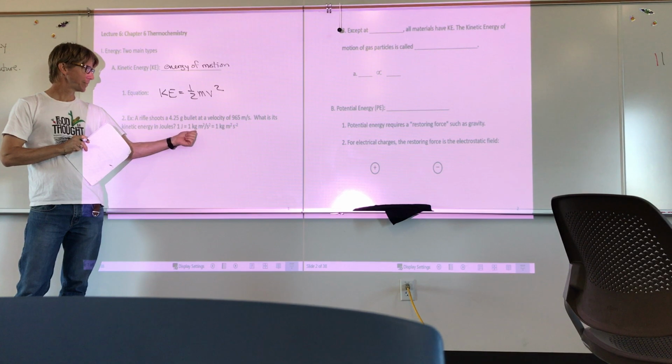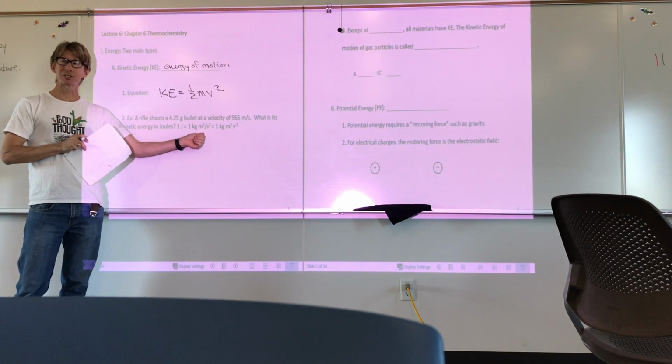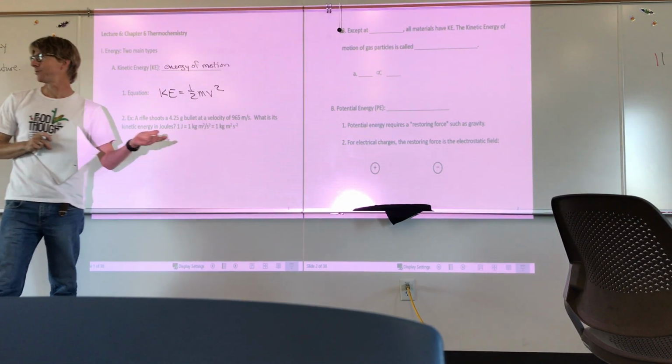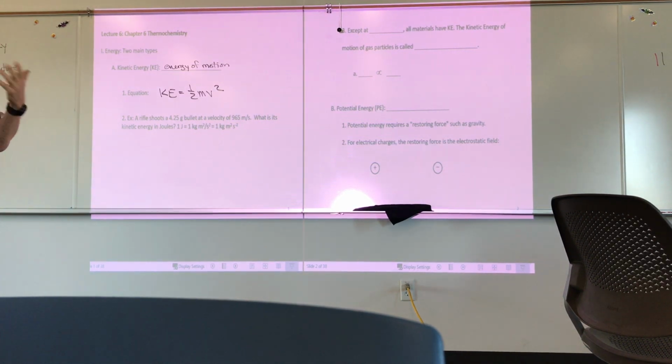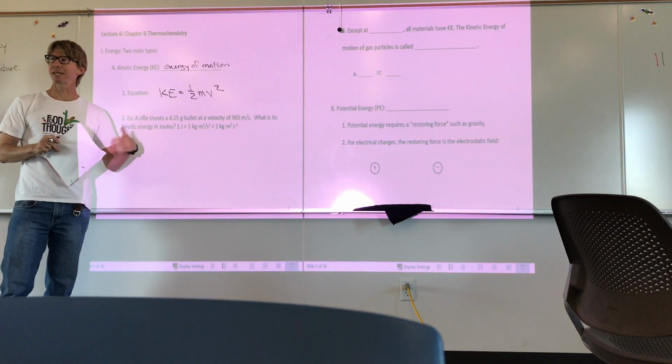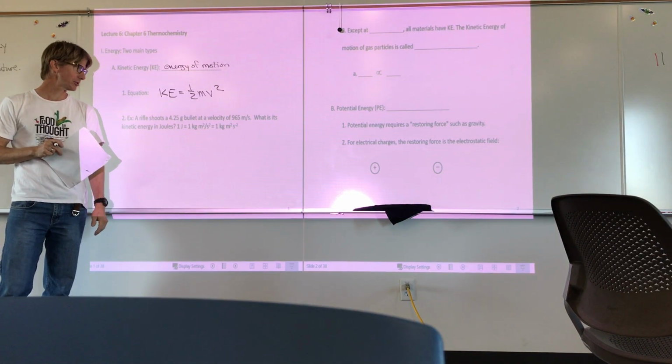Other than you need, to get energy, one way to get it is mass and the square of velocity. But for us, know that these two are equivalent, and pretty much everything in chemistry is going to be, as far as energy goes, in joules, and specifically kilojoules. A kilojoule is 1,000 joules, as we'll see, because chemical reactions tend to take thousands of joules or kilojoules.